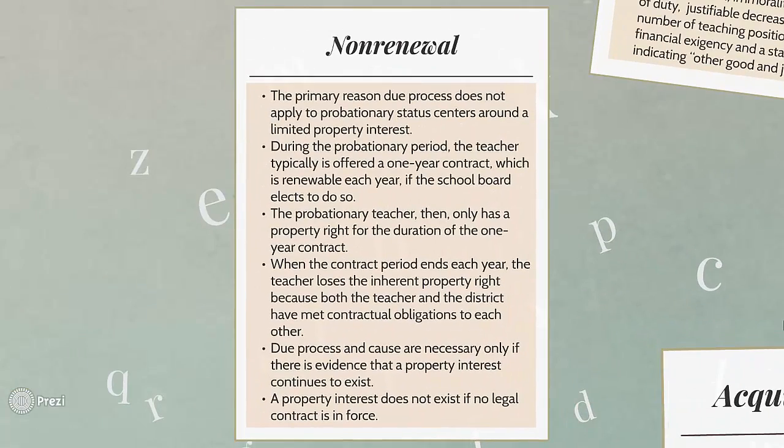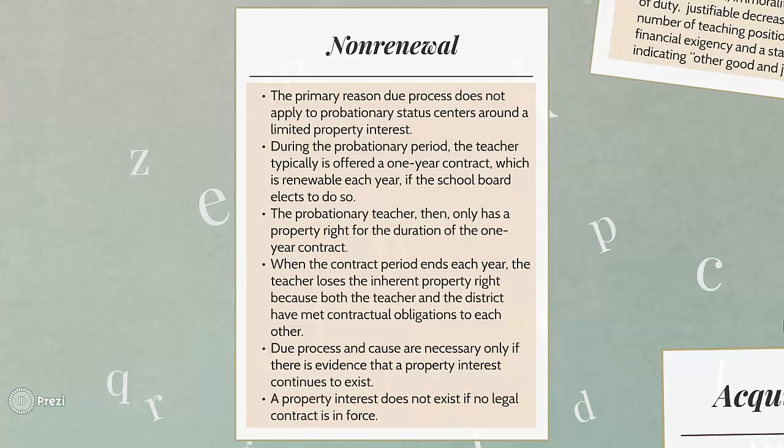The primary reason due process does not apply to probationary status centers around a limited property interest. During the probationary period, the teacher is typically offered a 1-year contract, which is renewable each year if the school board elects to do so. The probationary teacher then only has a property right for the duration of the 1-year contract.